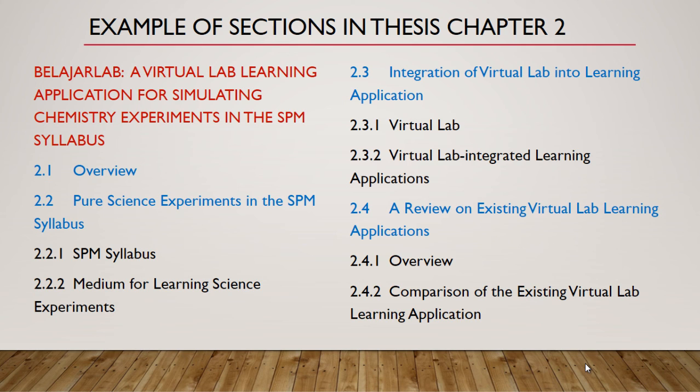So basically you will see how this particular literature review chapter 2 has been organized in this example, whereby it started with the domain area, which is the SPM science syllabus. It covers the process, the syllabus itself, the medium of how science can be learned through experiments. Then only it forwards the discussion to the virtual lab itself. So 2.2 is the physical lab, meaning that is the normal way of learning.